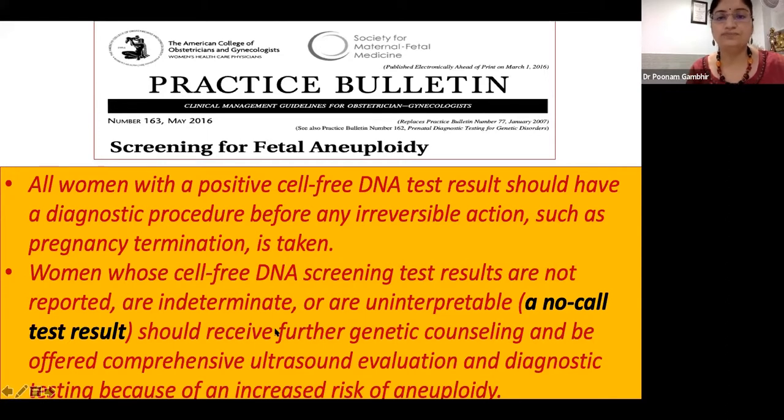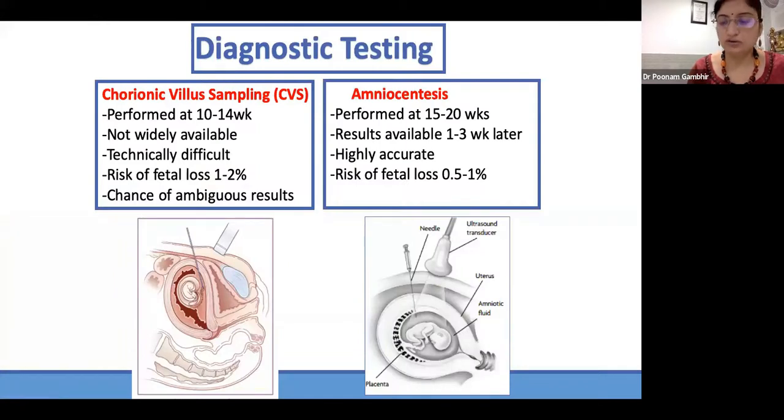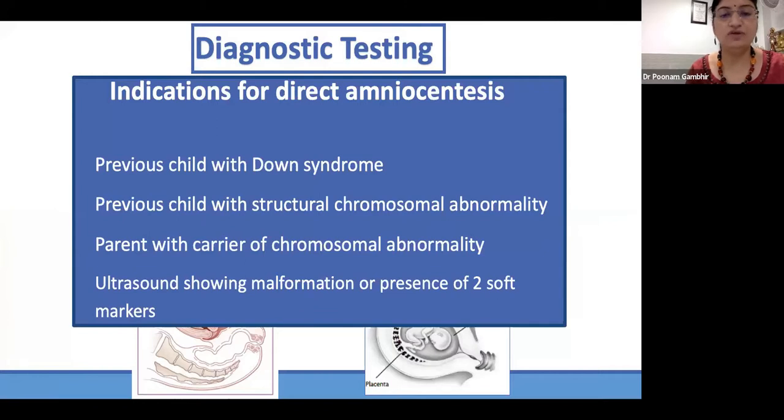Women who have a no-call cell-free DNA screening report should receive further genetic counseling and be offered a comprehensive ultrasound evaluation and diagnostic testing because of their increased risk of aneuploidy. For diagnostic testing, we have amnio and CVS, but there are scenarios where, as I mentioned initially, there is no role for a screening test.